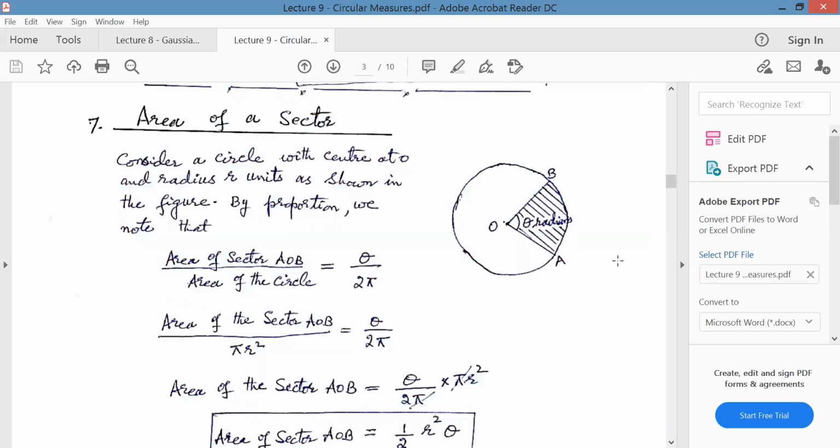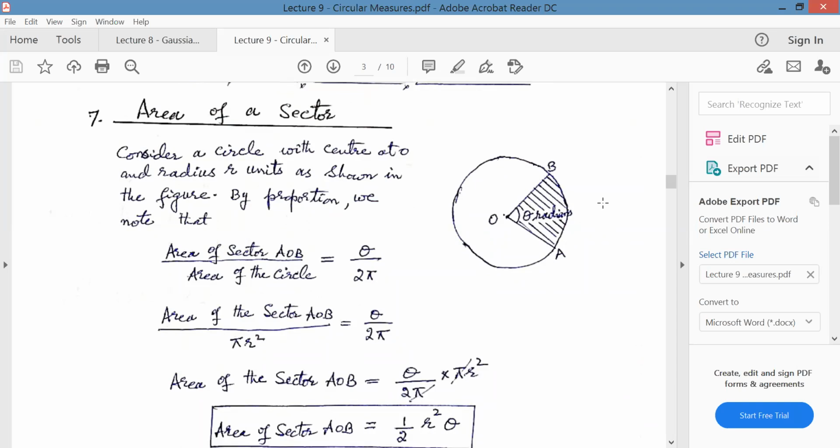So area of this sector, this shaded area, is half r square into theta. You keep in mind forever. If this sector is enclosed between two radii, then the formula for finding the area is half r square theta. R square is the radius square and theta whatever is there, but it should be in radians.